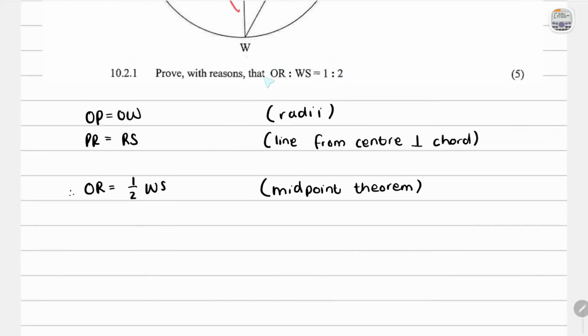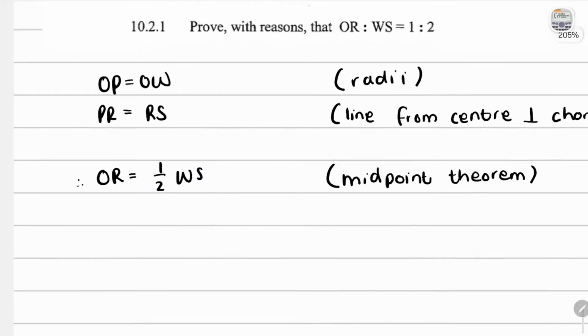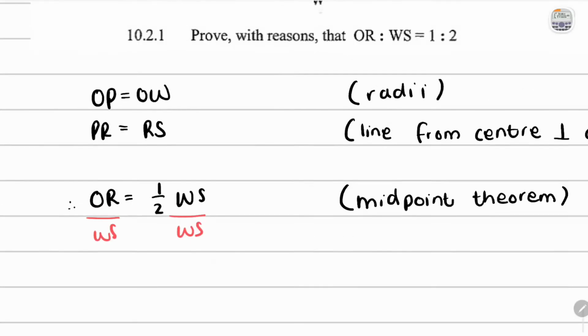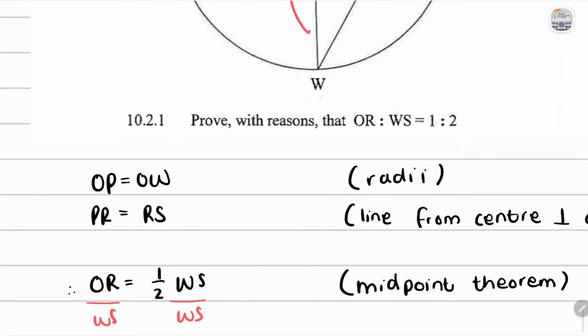Okay, so remember that this is what they want you to prove in this order. If OR is equal to half the size of WS, you could decide to divide both sides by WS, so that it looks like OR over WS.